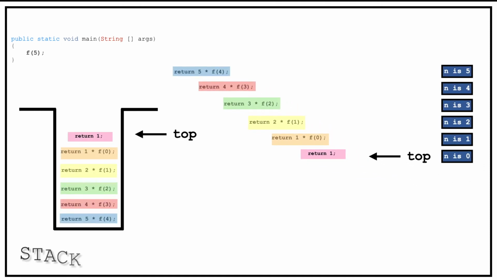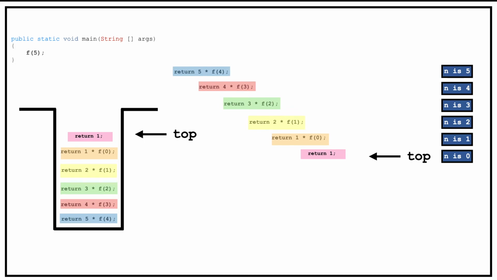On the left-hand side, you can see the stack, first in, last out, how they get called. In the middle part is the illustration about how we call the methods and what they're waiting for. Notice that each return is expecting an input from future calls. F4 is waiting for F3, F3 is waiting for F2, F2 is waiting for F1, F1 is waiting for F0. On the right-hand side, notice that those are the calls when n was 5 all the way to 0.